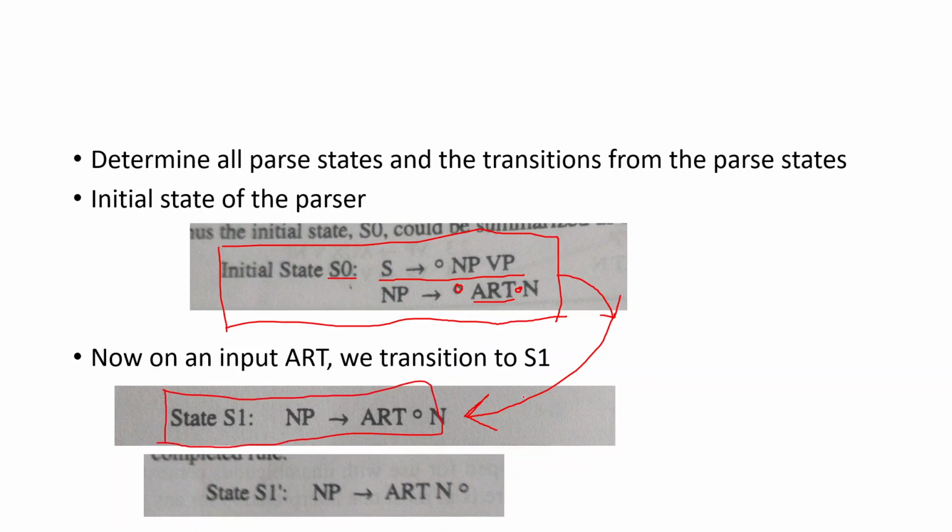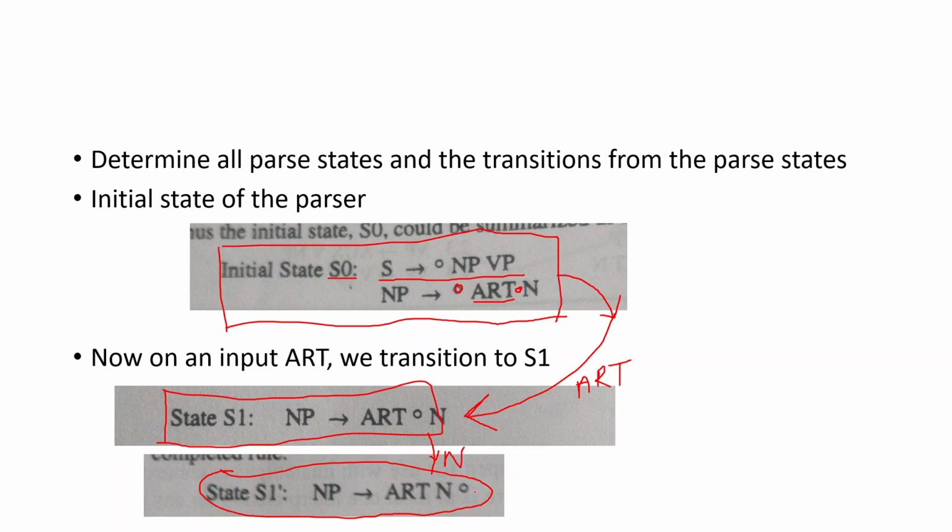This transition takes place when you are in state S0 and you come across an article, then you go to state S1. Now from S1, when you have an input as a noun, then you go to state S1 dash. You can say this is the next state, S1 dash. This is a transition on the input symbol noun.